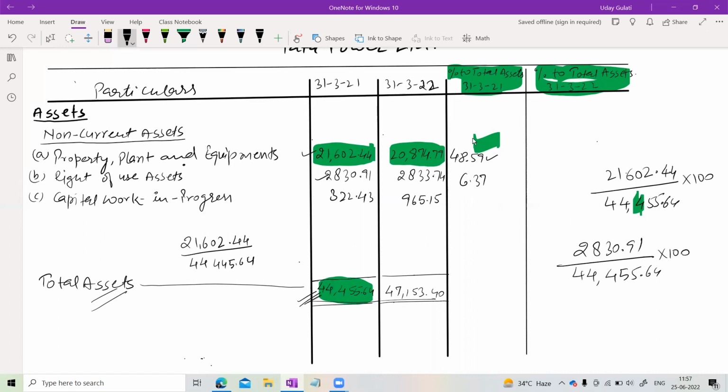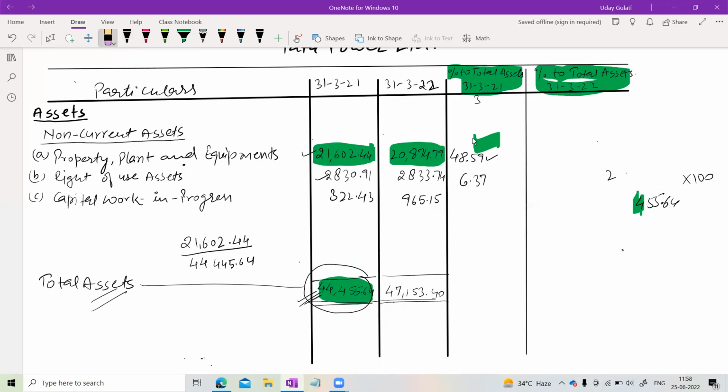Every item, whether it is assets or equity and liability, has to be divided by this total for column number 3. Similarly for column number 4, I'm just showing you again. The value for property, plant and equipment is 20,874.